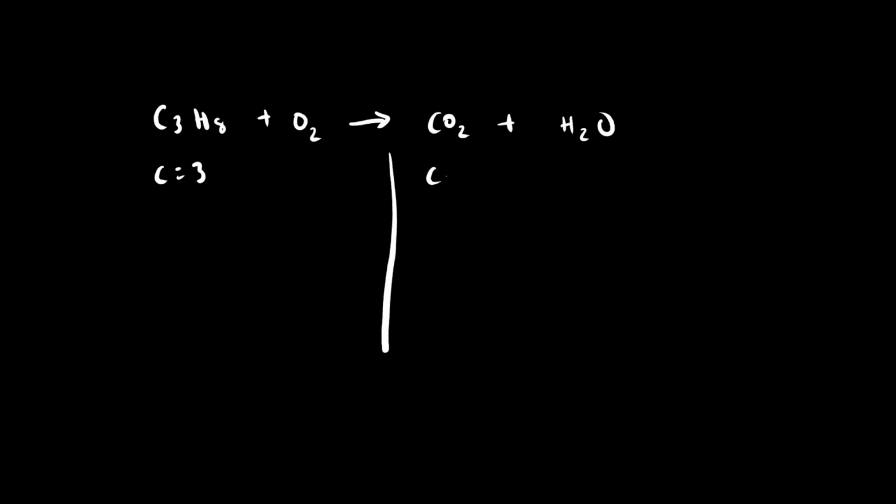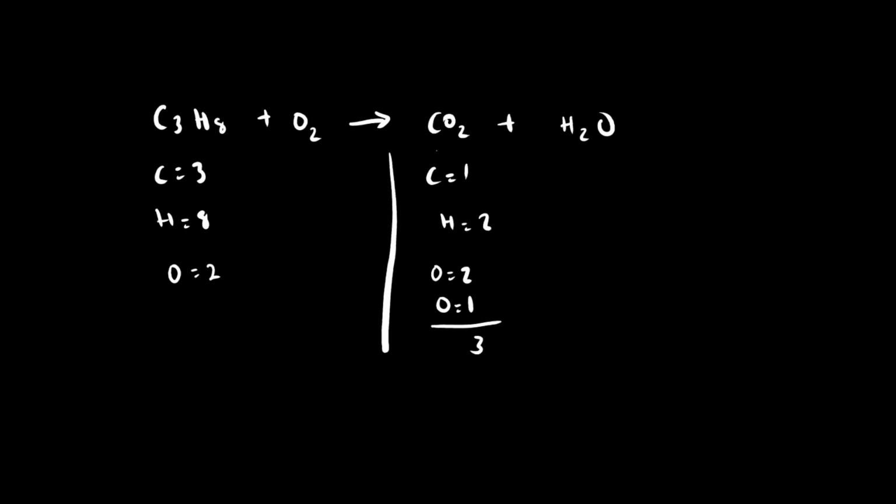On the right, 1. On the left, we have 8 hydrogen. On the right, we have 2. And then on the left, we have 2 oxygen. And on the right, a total of 3 oxygen. 2 oxygen on the right, followed by 1 oxygen, making a total of 3.